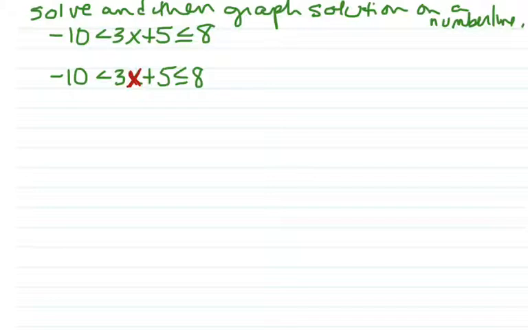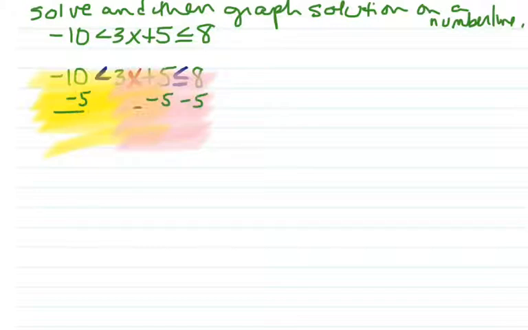There's our x in the center. That's the half where -10 is less than 3x plus 5, but that 3x plus 5 is also part of the other inequality. So we've got two going on simultaneously. You might have done these in the past by separating them. We're just going to do them all attached.